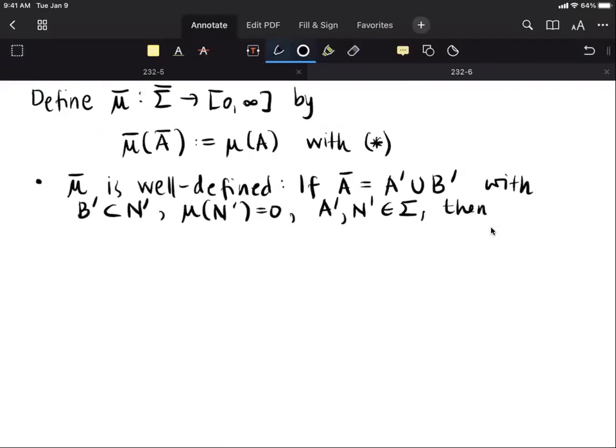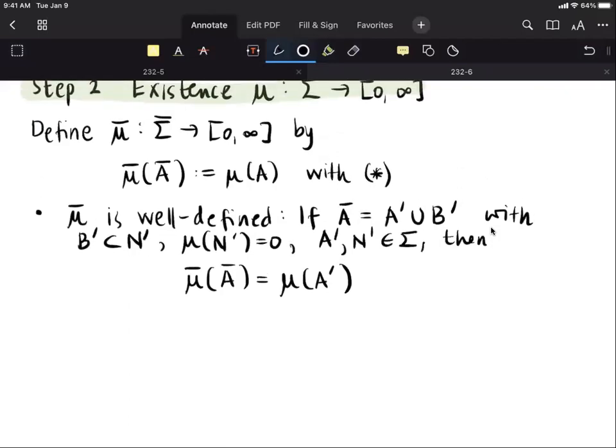Then the value of A bar is also mu of A prime. Okay, so this means that if you have another representation of A bar as a union of two elements, A prime in sigma and B prime a subset of a null set, then you can use this representation to calculate mu bar. In other words, you just take the measure of A prime with respect to mu.